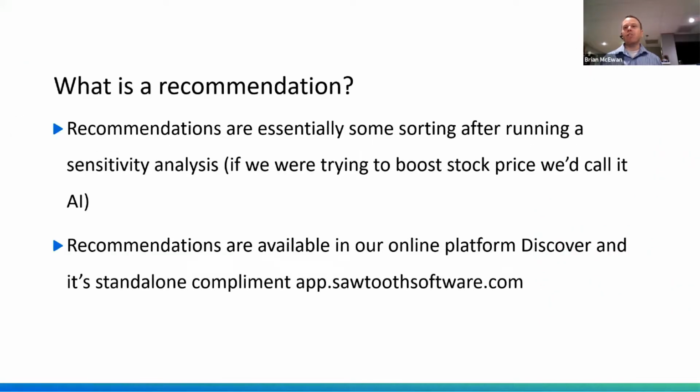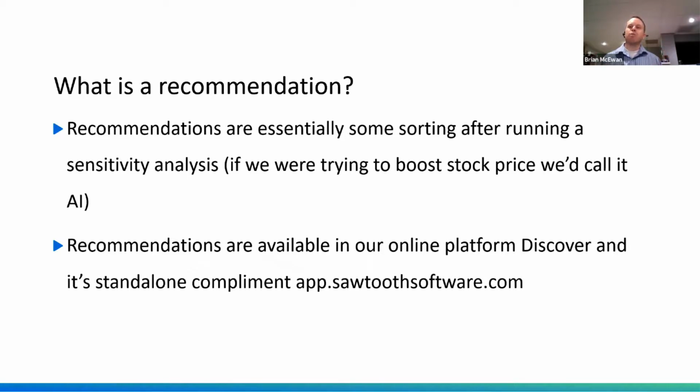So recommendations, kind of tongue-in-cheek here. We could call this a little bit of AI if we were trying to get people excited. But recommendations are essentially just doing a little bit of sorting after we run a series of simulations. We call this sensitivity analysis. So we're going to hold things constant.